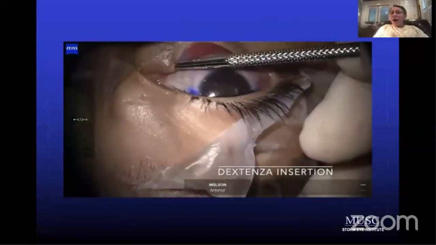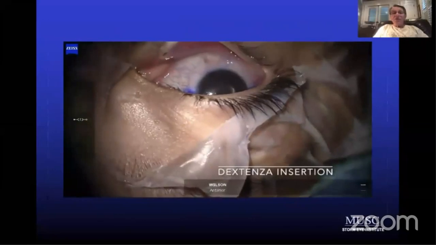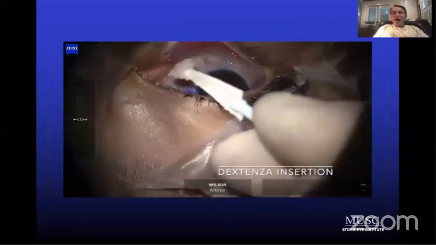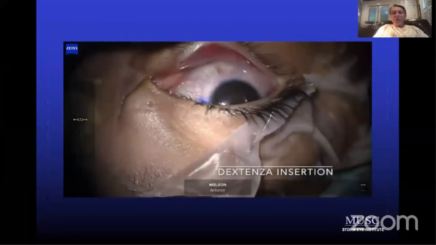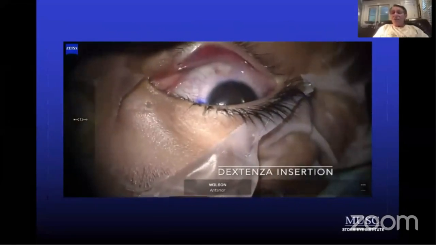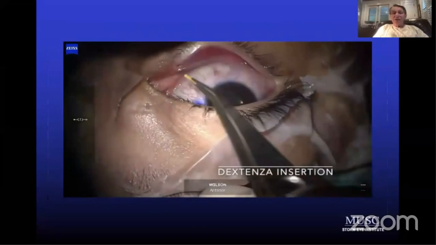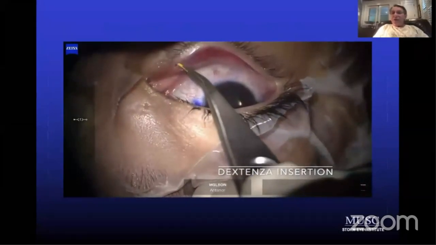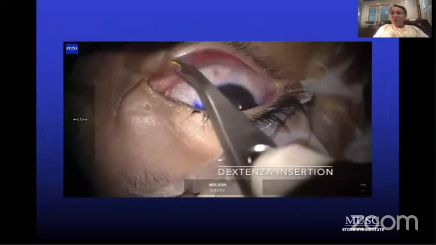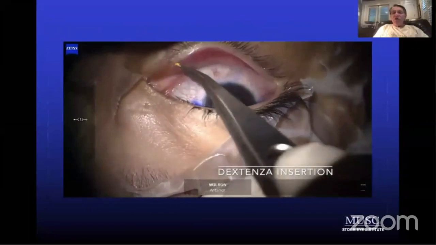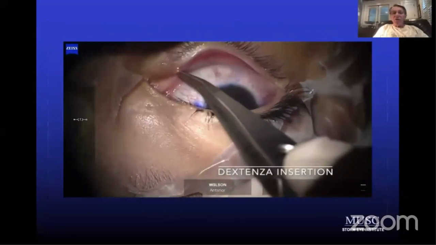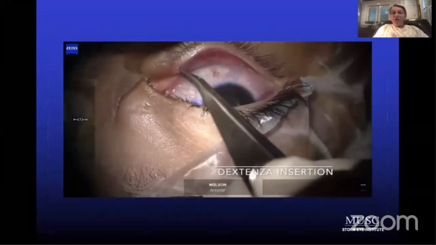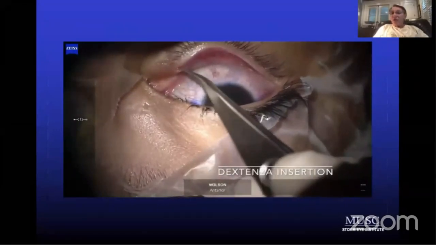Now, I also wanted to make a comment about these new, I call them physician-directed medications, rather than relying on the compliance of parents. Now, I operate on children, and the parents have to get the drops in. So anything we can place either intracamerally or here within the lacrimal puncta is an advantage to us.